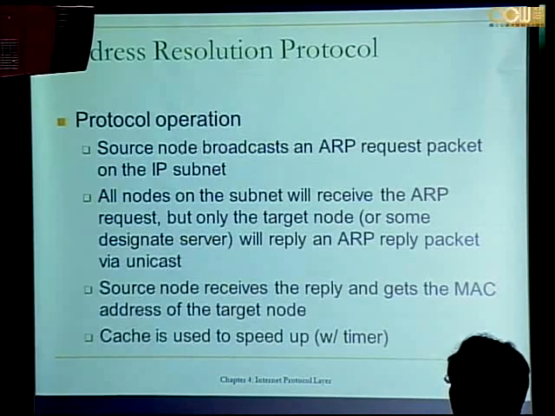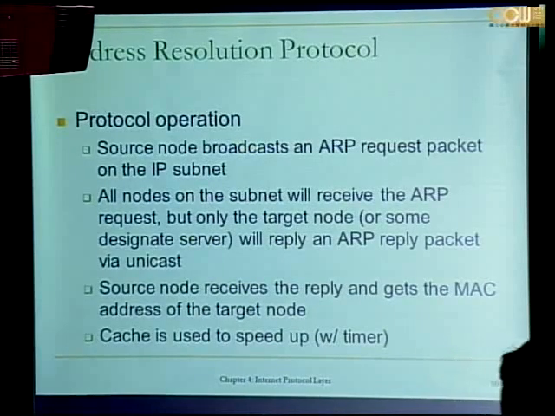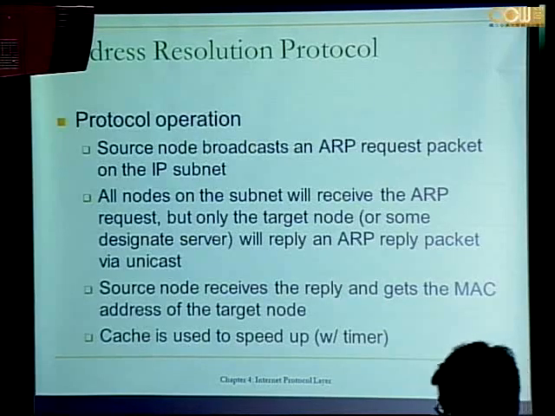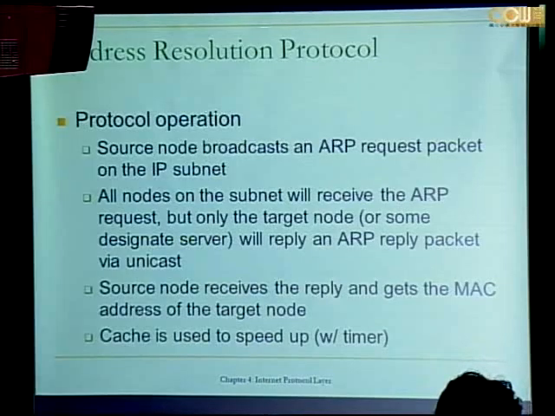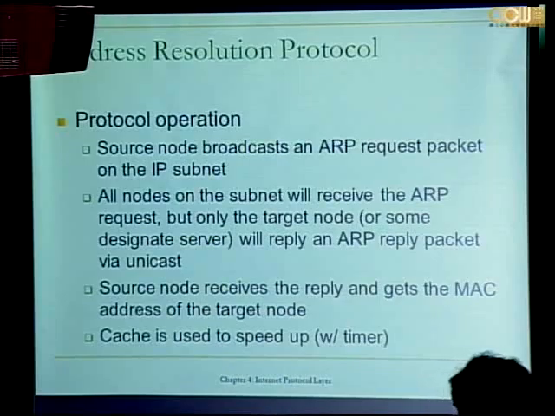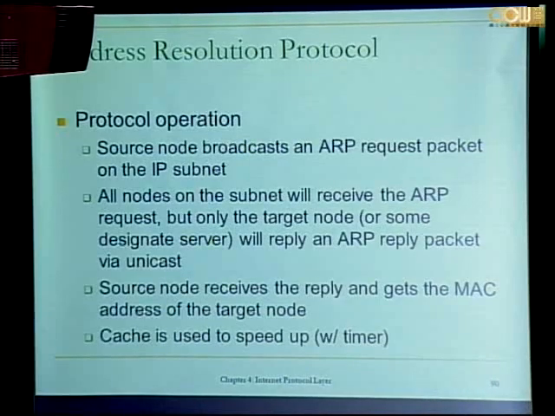It's broadcast on the subnet. Then all nodes on the subnet would receive the ARP request since it's a broadcast message. And how do you do the broadcasting on the subnet? You put the destination MAC address as all ones. Then it's a broadcast frame. Then every station on the subnet will receive it.